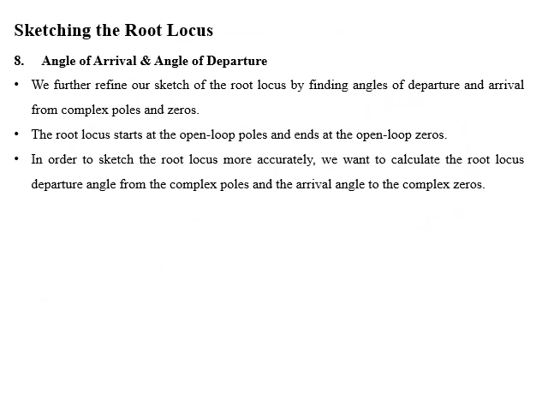Dear students, the next point in the sketching of root locus is the angle of arrival or angle of departure. Now to further refine our sketch of the root locus, we will find the angle of departure or angle of arrival for complex poles and zeros.